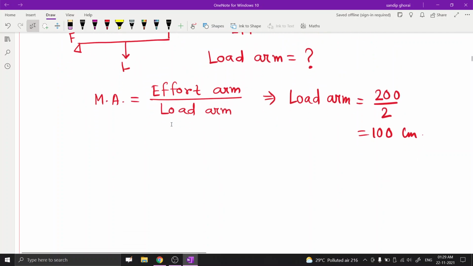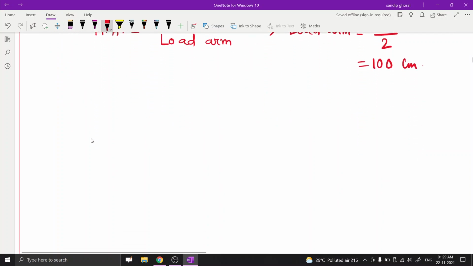Similarly, we take an example of a class 3 lever, suppose tongs.